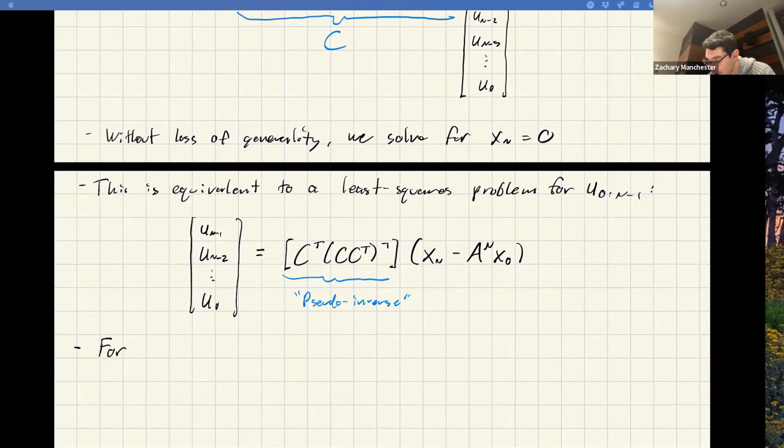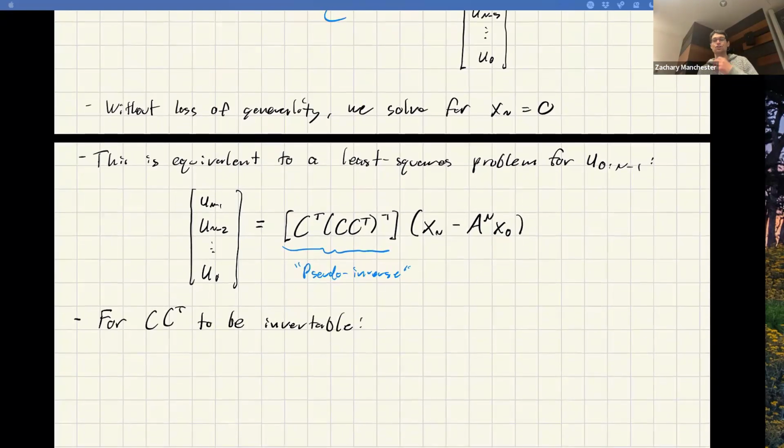So for that to be true, I can actually get a condition just on the C matrix alone, which is really simple. It's that rank of C has to equal little n, where n is the state dimension of the problem.